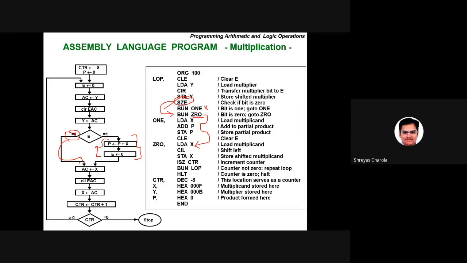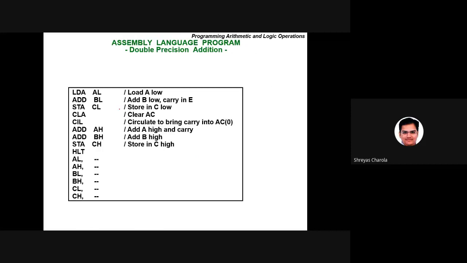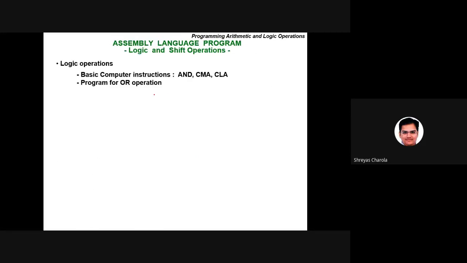Okay. Now let's suppose if I ask you, this is nothing but a simple program. Let's suppose we need to write this program for an OR operation. Can you implement this?